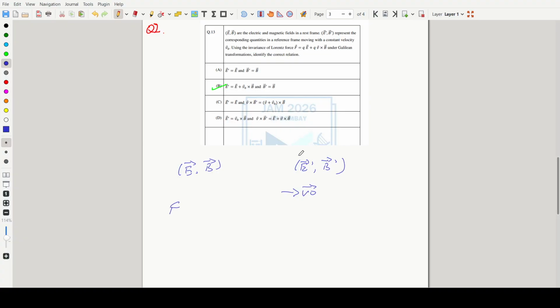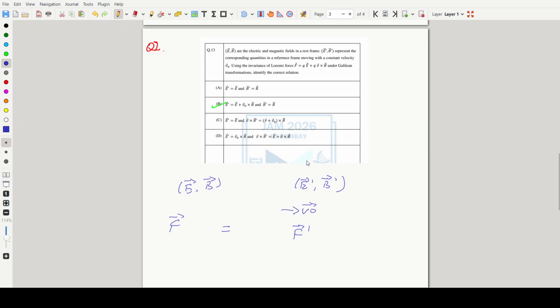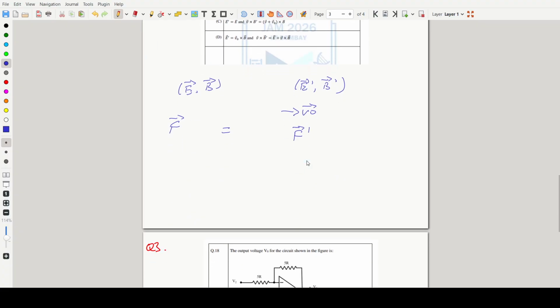So if the Lorentz force is F here and F prime there, they are both equal. It's already given in the question. Now they're asking for the relationship between the electric field and the magnetic field in the rest frame and in the moving frame.